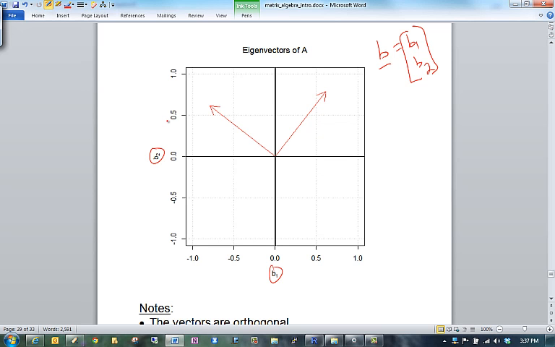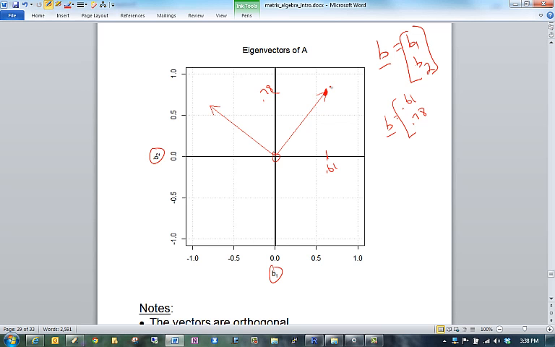And the way that you typically draw vectors is that they come out from the origin. In our particular case, the first eigenvector was 0.61 and 0.78. So here's 0.61, here's 0.78. And so I drew a vector. Notice I put little arrows there, out from the origin.